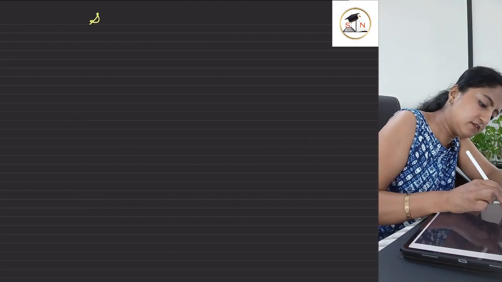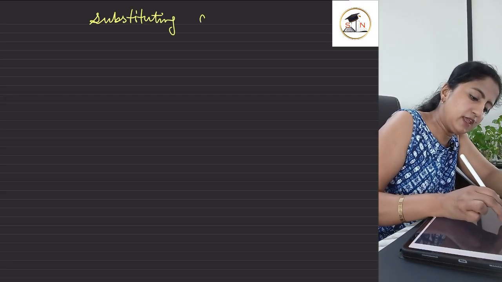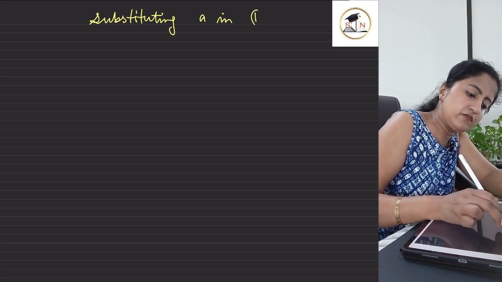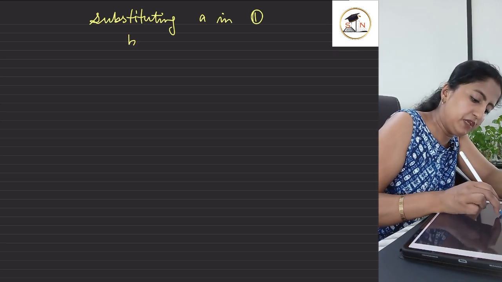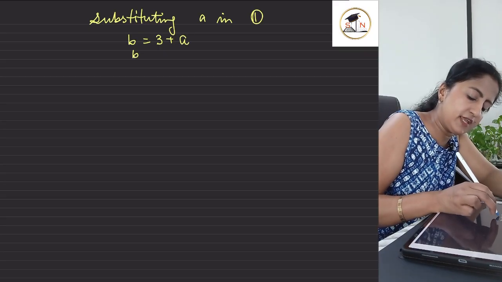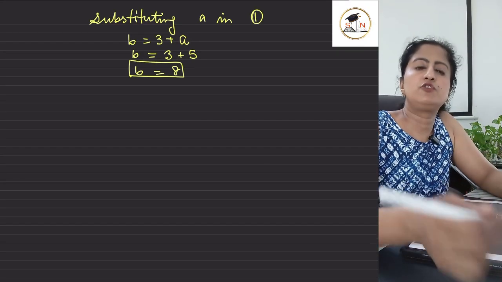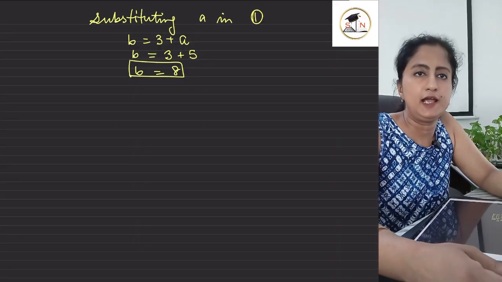So, we will write, substituting a in 1. b was equal to 3 plus a. And we got the value of a as 5. So, b comes out to be 8. So far, we have found the values of a and b.